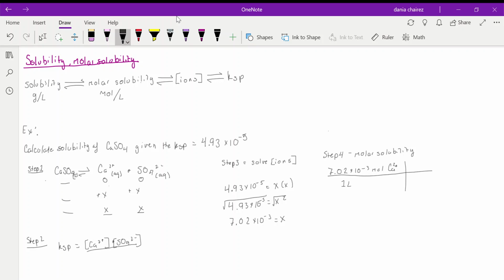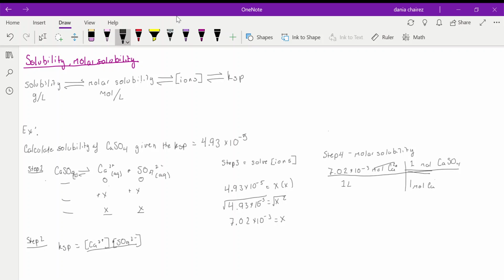And it's a 1-to-1, so they're going to have the same value, so it doesn't matter. So essentially with 1 mole of calcium, we make 1 mole of calcium sulfate, right? Because it's 1-to-1-to-1 in the coefficients.